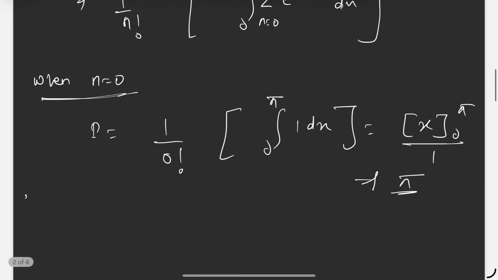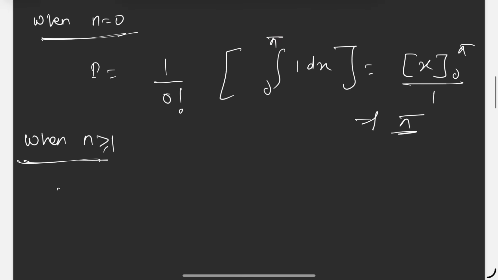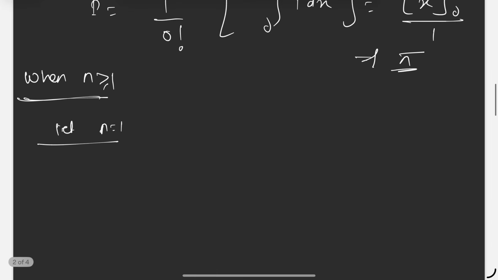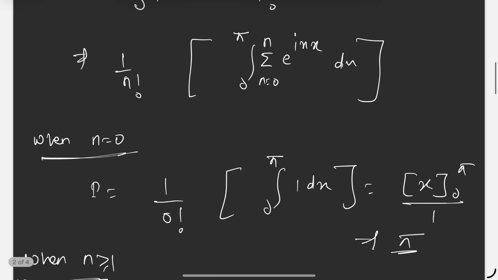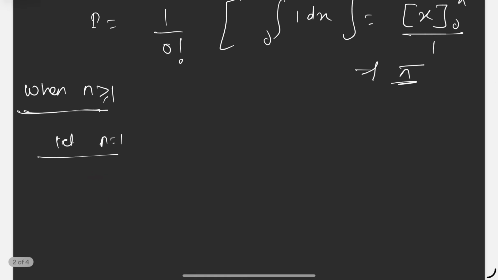And when n is greater than or equals to 1, if I keep n equals to 1 here, it will come e to the power iota x. Let n equals to 1. So when n is 1, I will be 1 by 1 factorial, 0 to pi e to the power iota x dx.